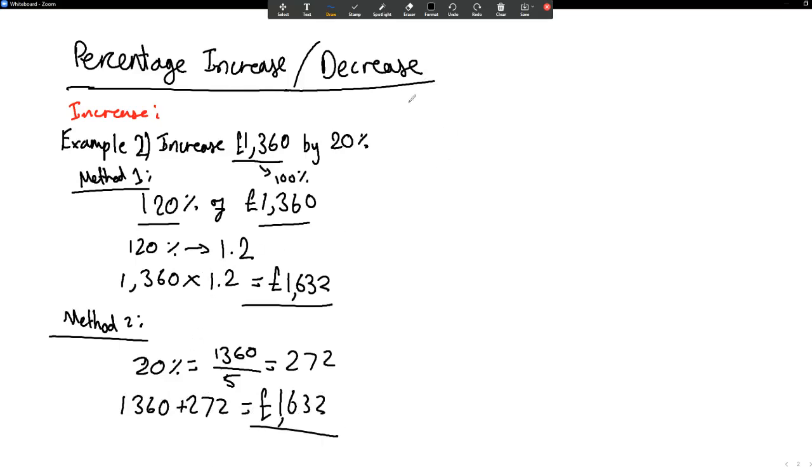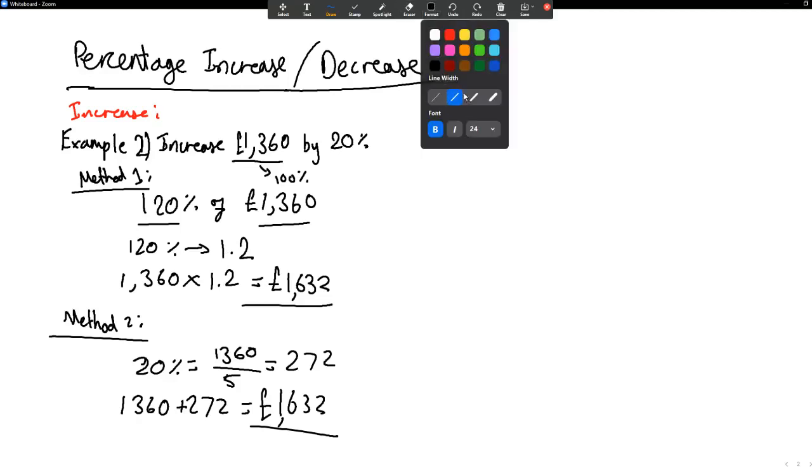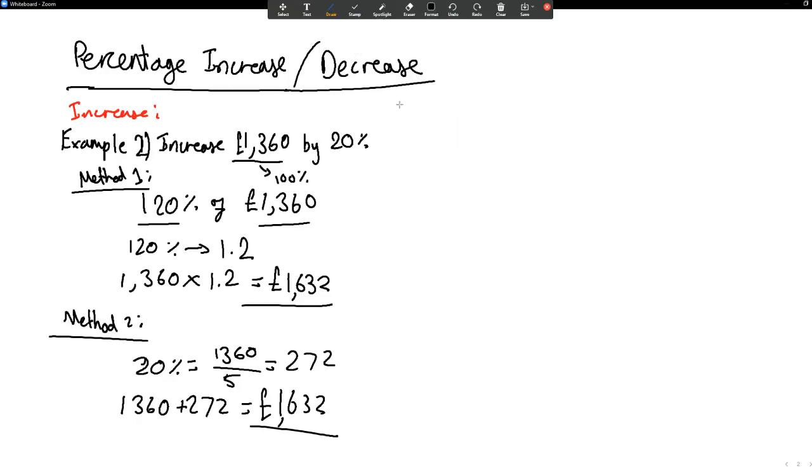Okay, so now let's look at percentage decrease. It's a very similar process. So this is decrease. Right.